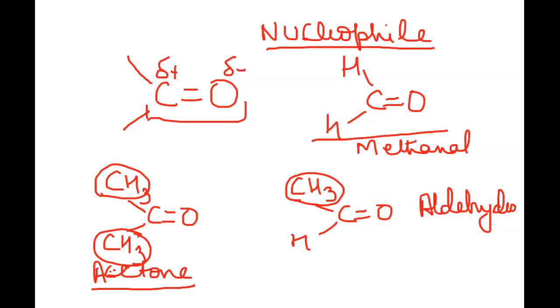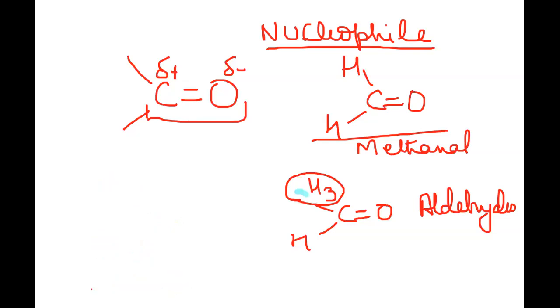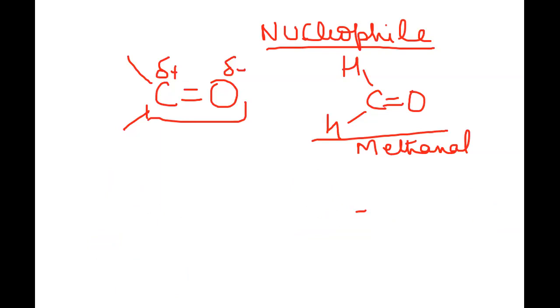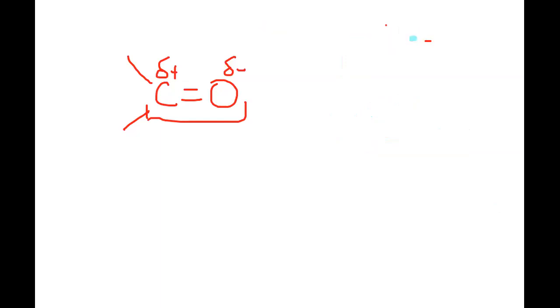When there is a simple addition, you have to know why that simple addition actually occurs. The reason is that if I study the structure of this compound, since C is doubly bonded to oxygen, the structure is such that you have a sigma bond and a pi bond.